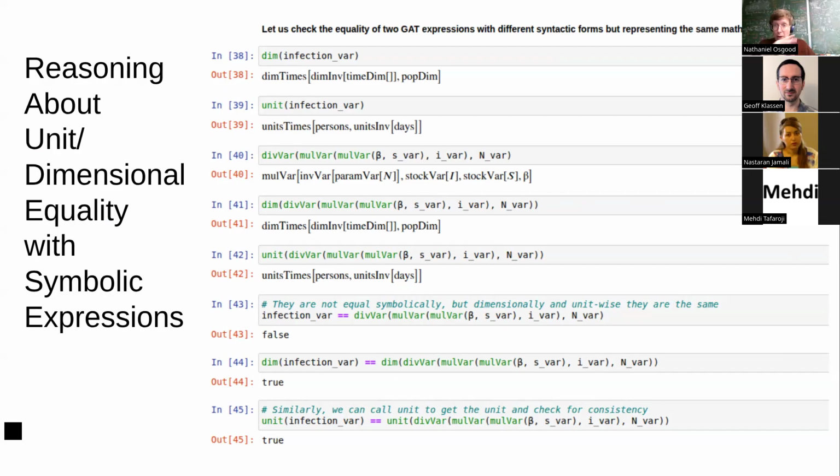And we want to be able to call out if there's something crazy going on, like we're adding persons to person per unit time, right? Or adding dollars to people or whatever. Adding length to length squared. And that's exactly what we can do here. We can build up these expressions, have the dimensions characterized, have the units characterized, have the dimensional homogeneity checked as we're doing it. It tracks it all through in this dimensional system.